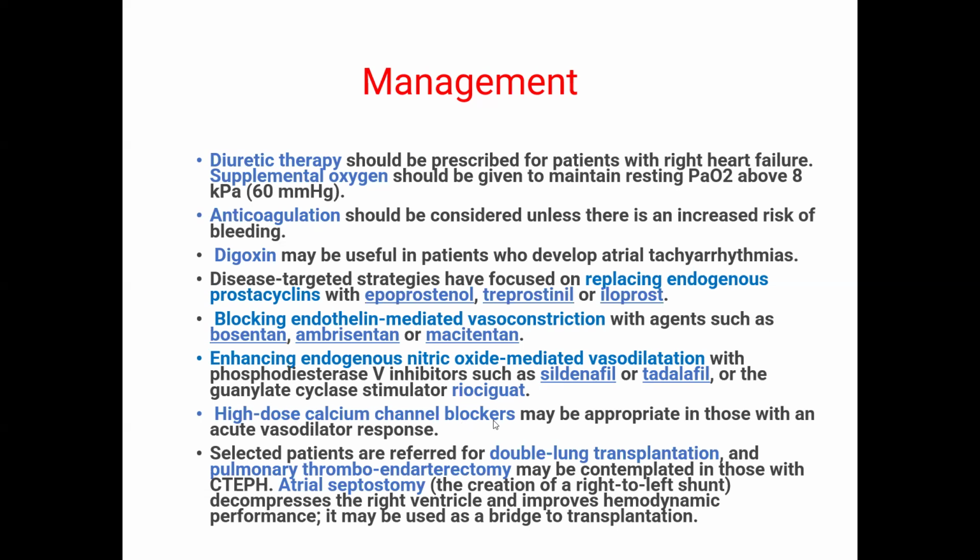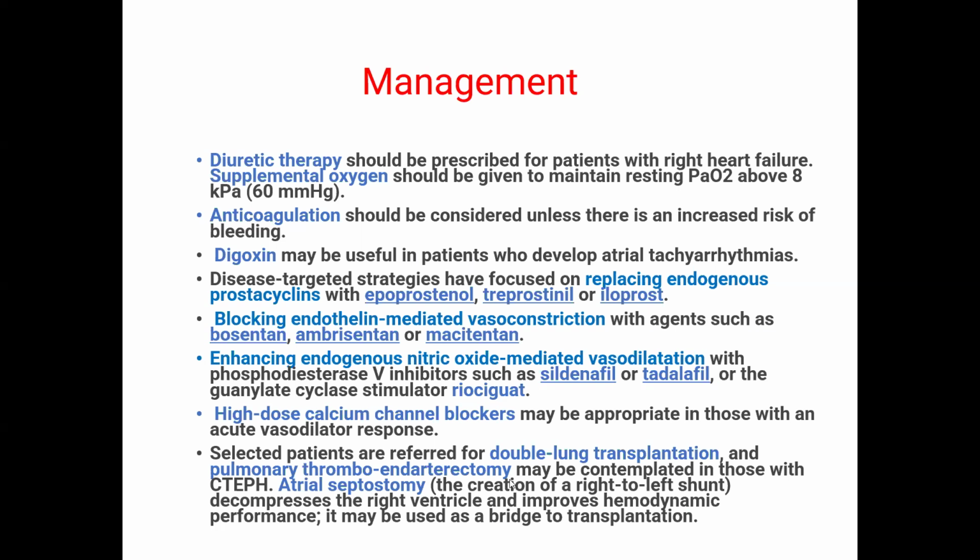Now, calcium channel blockers play a very important role for patients that have what we call positive reactivity test. And then at the end, you can do lung transplantation and pulmonary thromboendarterectomy for patients with thromboembolic hypertension, atrial septostomy.